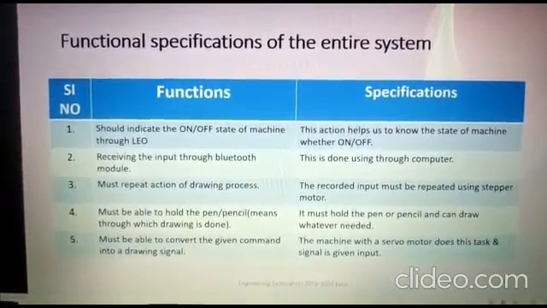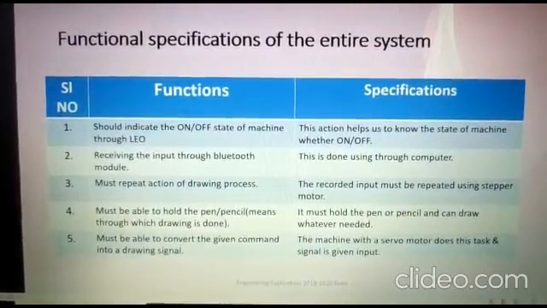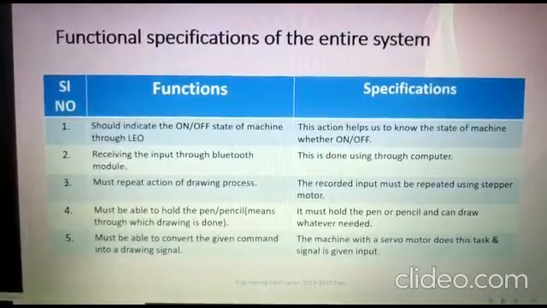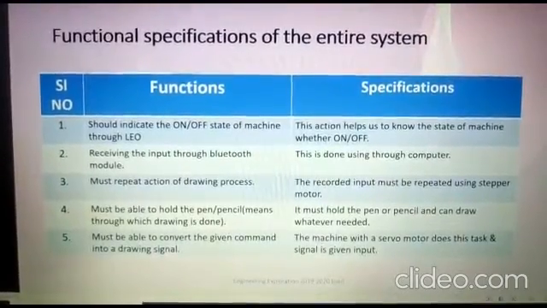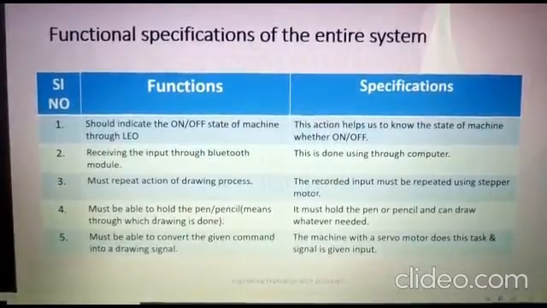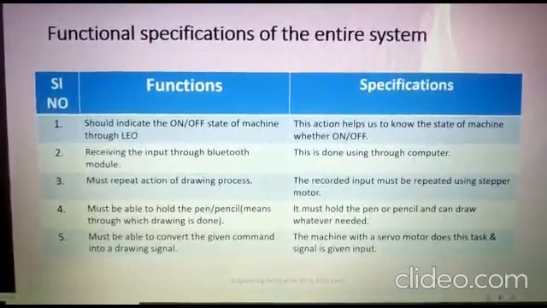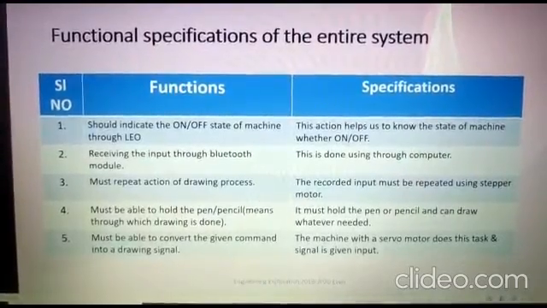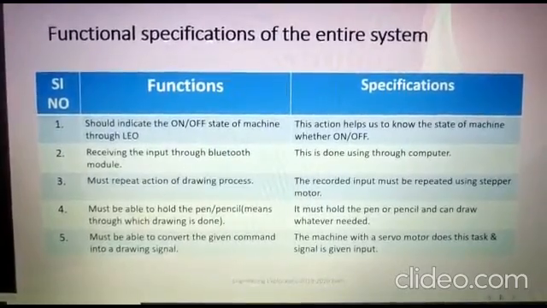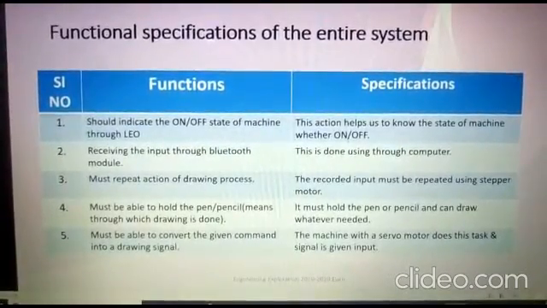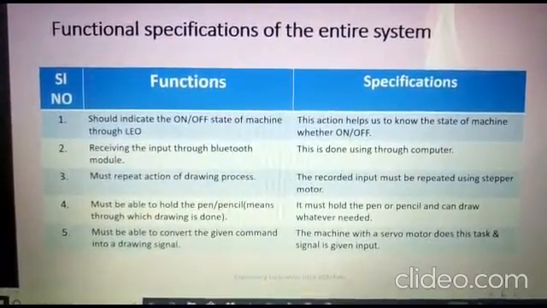Third, it must repeat actions of the drawing process. The specification is that the recorded input must be repeated using the stepper motor. Fourth, it must be able to hold the pen or pencil through which drawing is done, and the specification is that it must hold the pen or pencil and can draw whatever is needed. Fifth and last, it must be able to convert the given command into a drawing signal, and the specification is that the machine should use a servo motor to do this task and the signal is given as input.